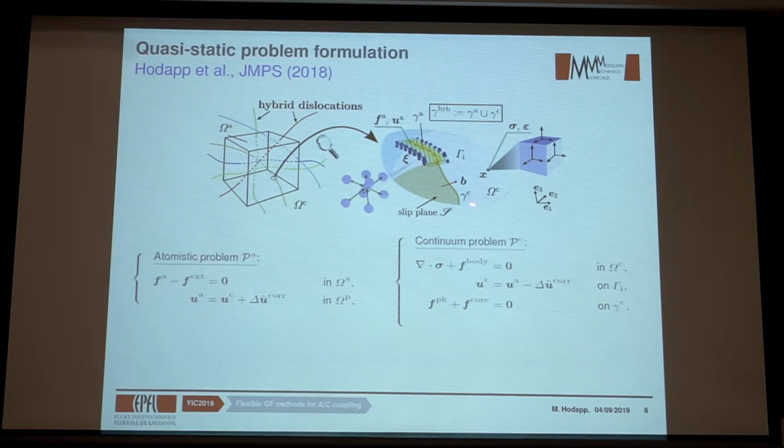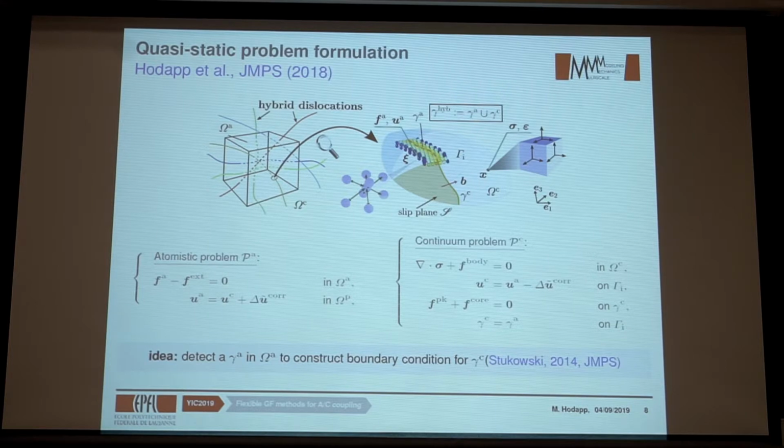The solution to this problem is, well, let's just identify a line representation of our atomistic dislocation, and in fact, we can do something like that. Alexander Stukowski is the main person in this field. He published several approaches to this problem in order to identify a discrete line representation in the atomistic domain.